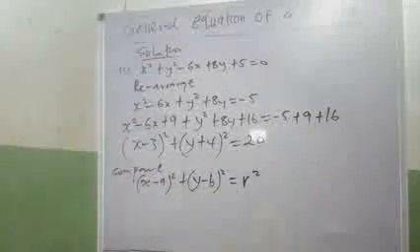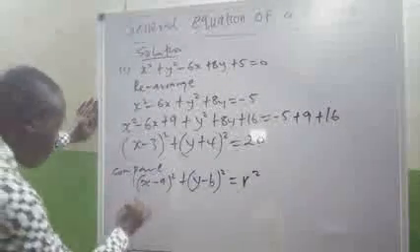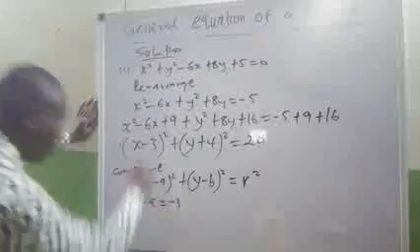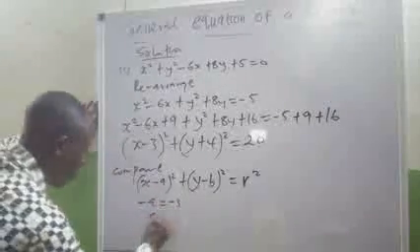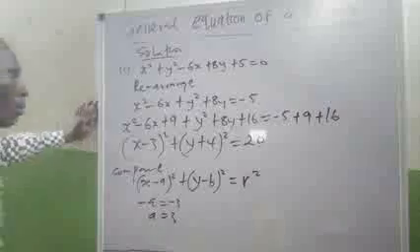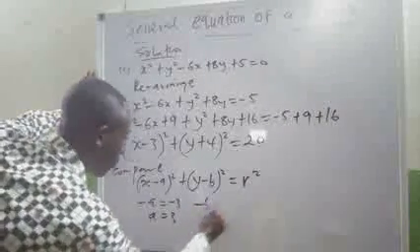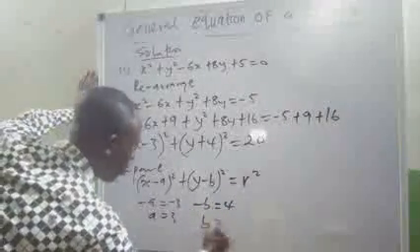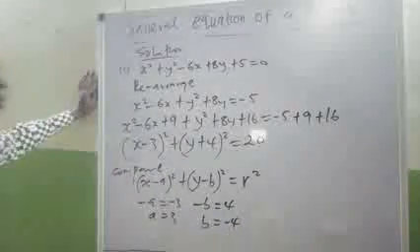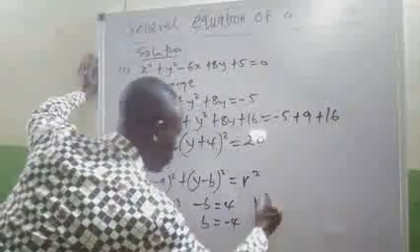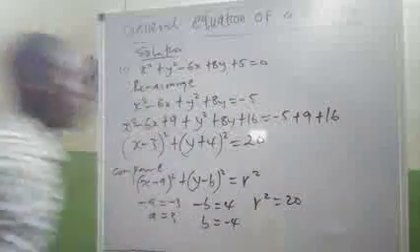So from here we can say our minus a is equals to minus 3, so a will be equals to 3. y minus b is equals to 4, b is minus 4. And our r square is equals to 20.